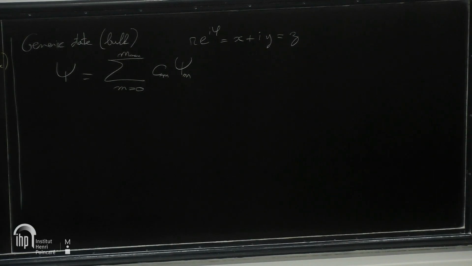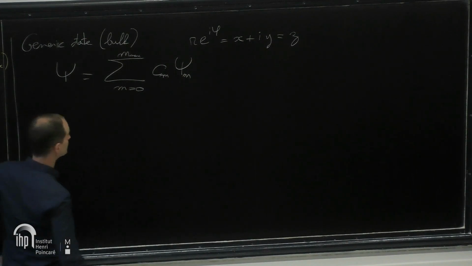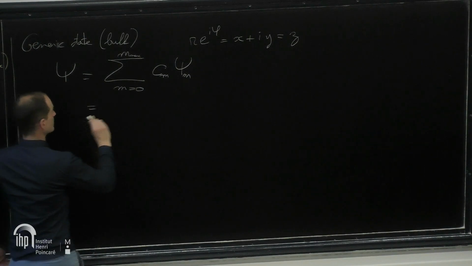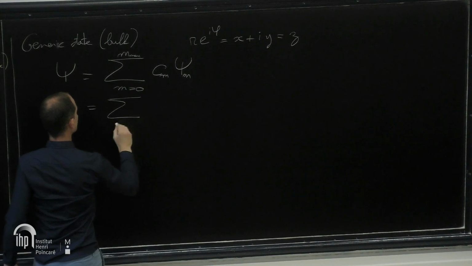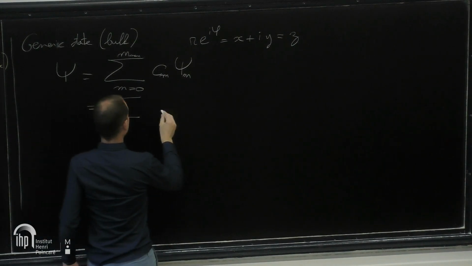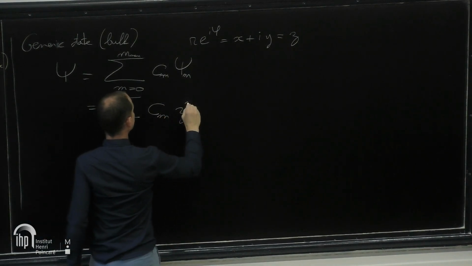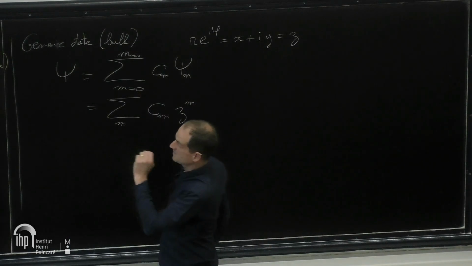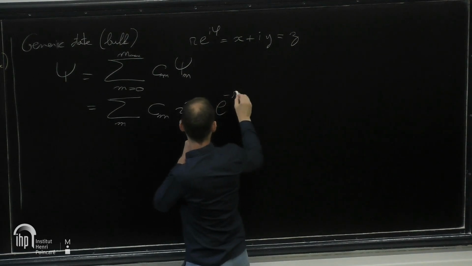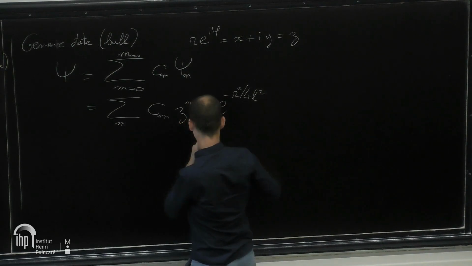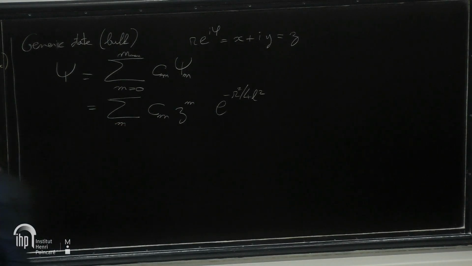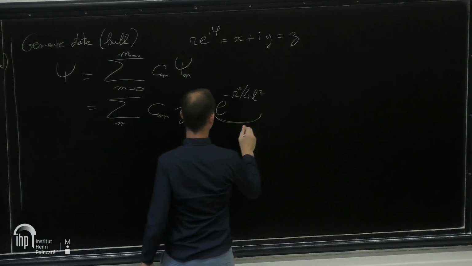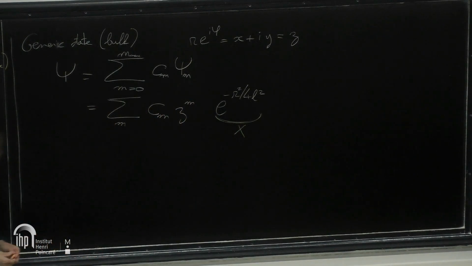And so it's convenient to express this wave function in terms of this complex coordinate z. And so we get Cm z to the m times a global Gaussian factor that is the same for all psi m's, so e to the minus r squared over 4 l squared. Actually, in the following, I will no longer write this Gaussian factor. So I put a cross, so I will no longer consider it because it's always the same.